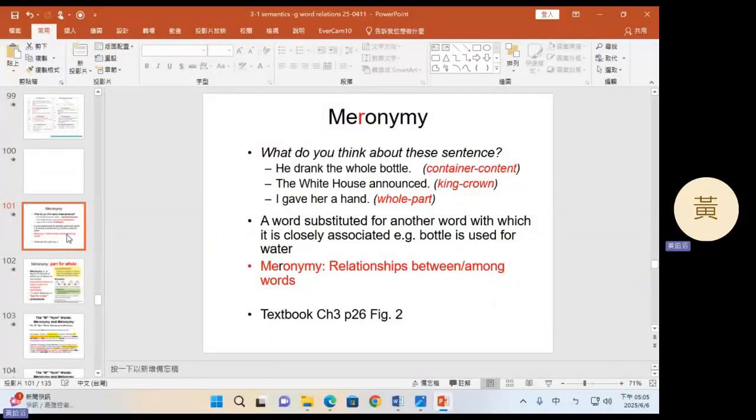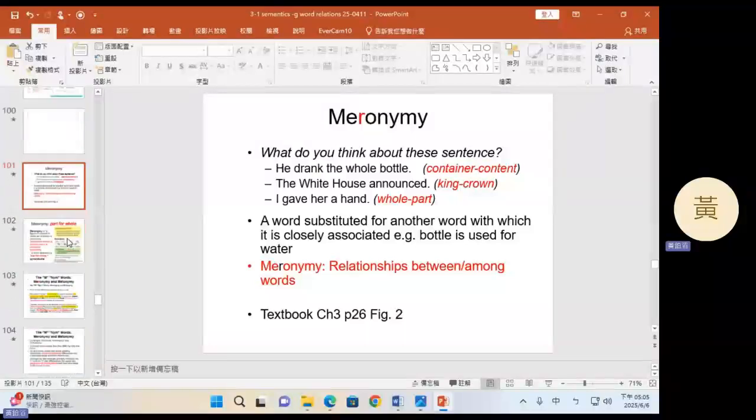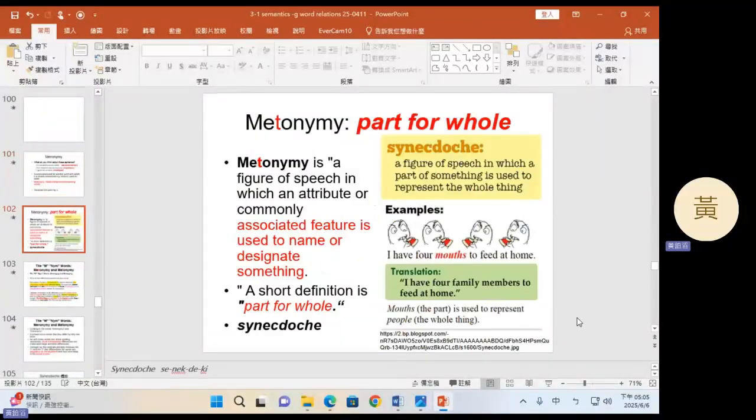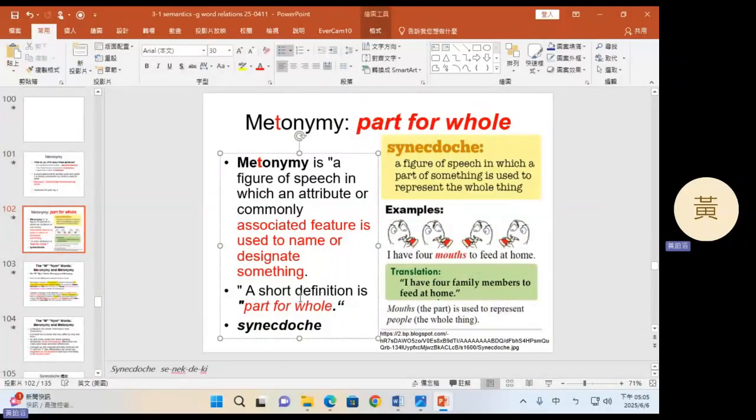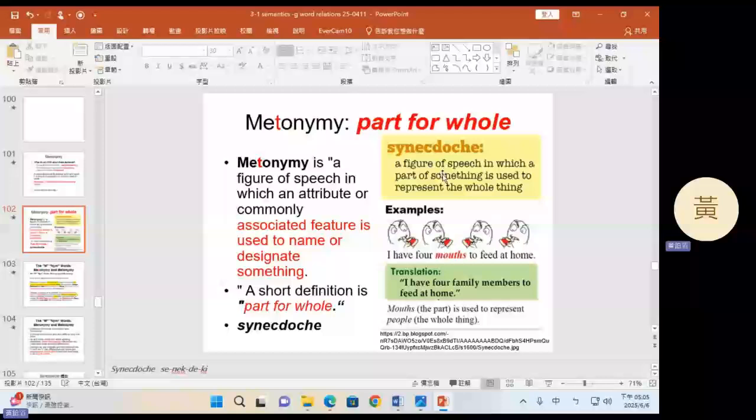And the next one is better and more clear right here. So an associated feature is used to name and designate meaning. So a short definition is part for whole. Okay, so like this picture, what does "I have four" mean?